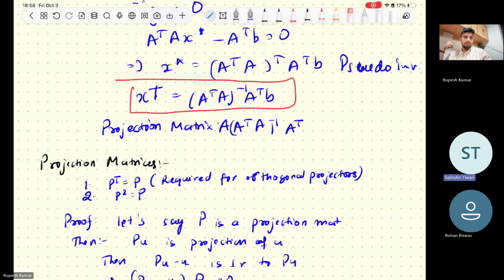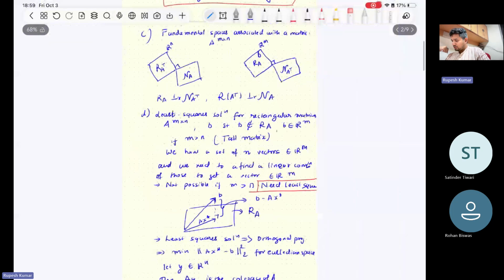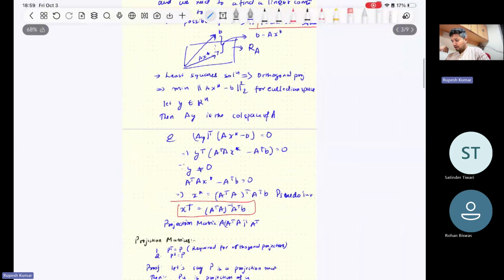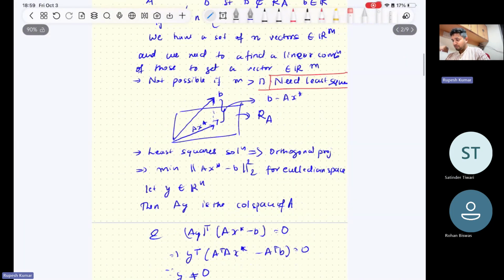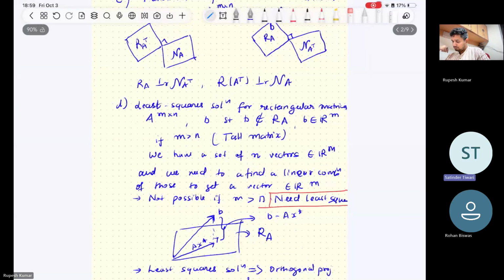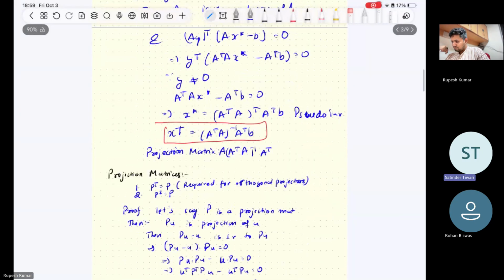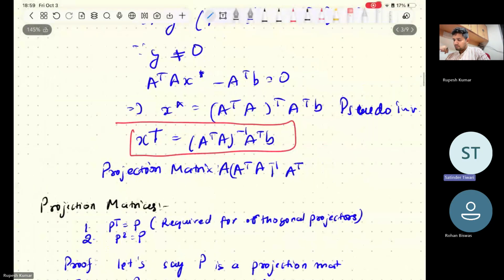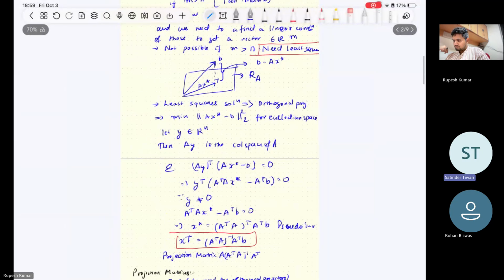So this solution which I have written right now is for tall matrices. For wide matrices also, we can take the transpose and look at it the same way. Yes, you can always transpose.